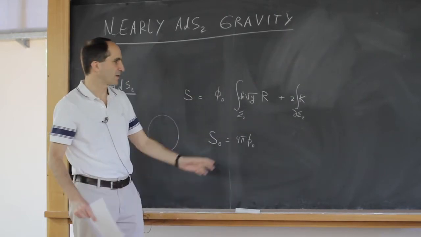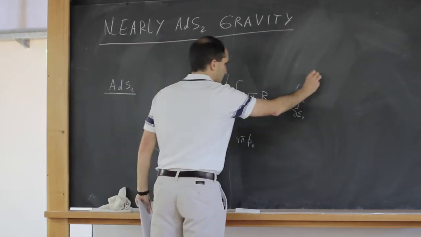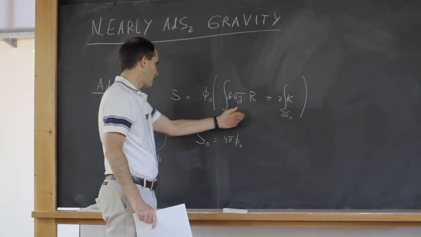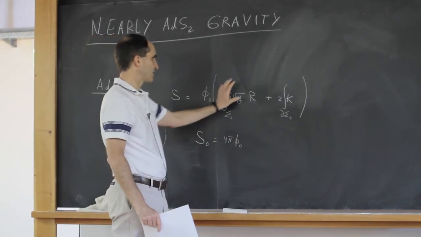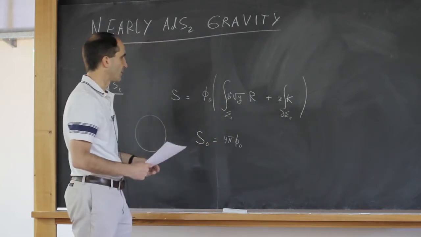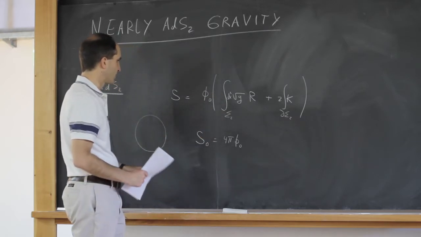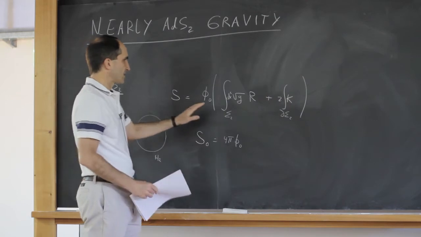This is true in any number of dimensions and also in 2 dimensions. When you take this action, you get a simple answer because it is the Euler characteristic of the disk, which gives us the factor of 4 pi. This is just the standard.